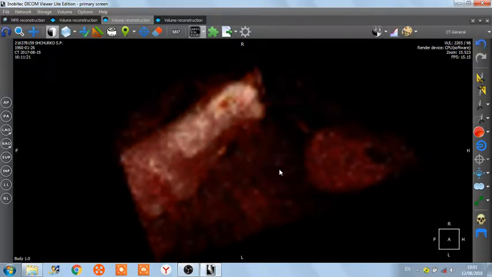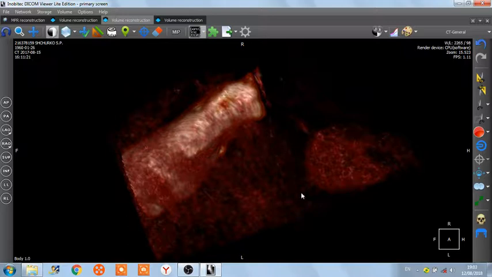So those small intestines come in here, and then another one goes around there, and another one coming straight in the middle here.